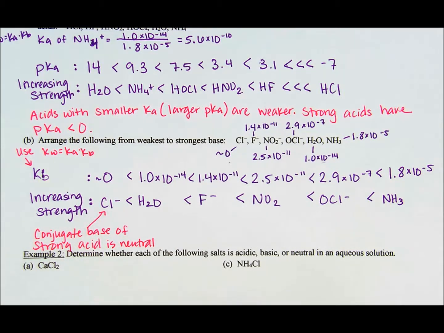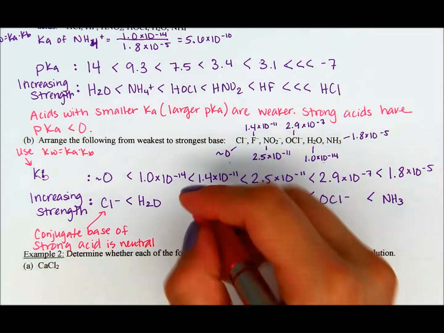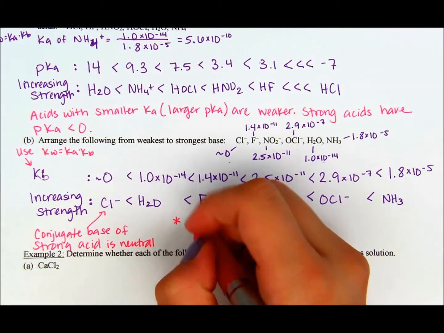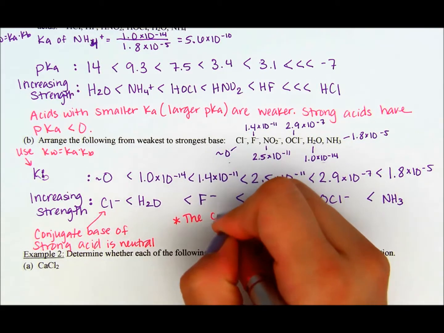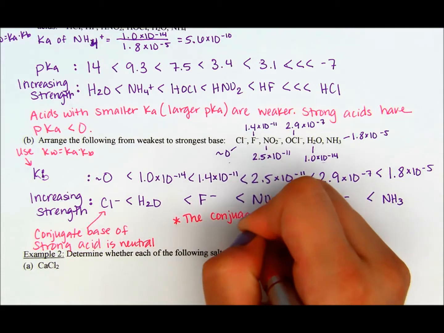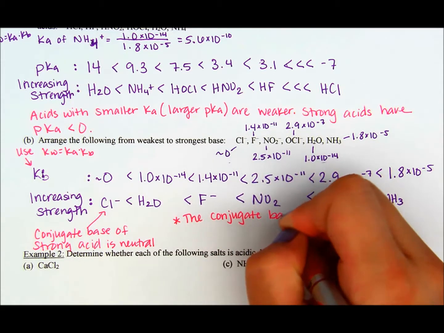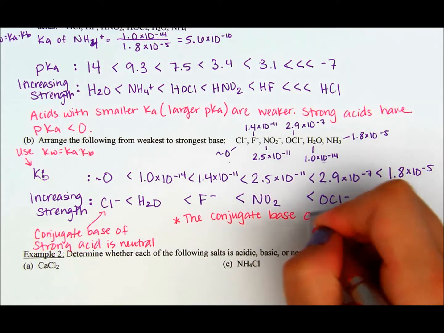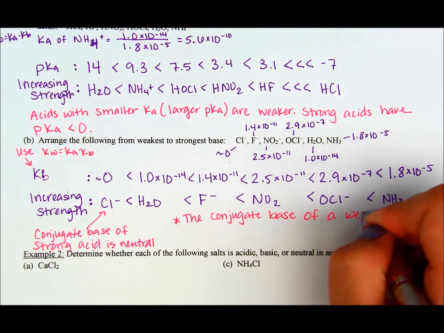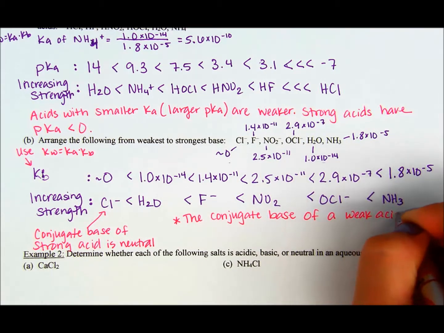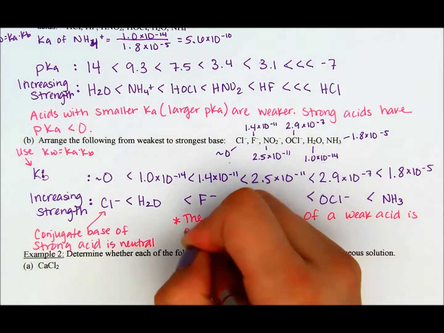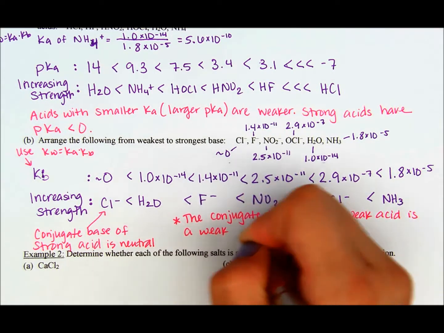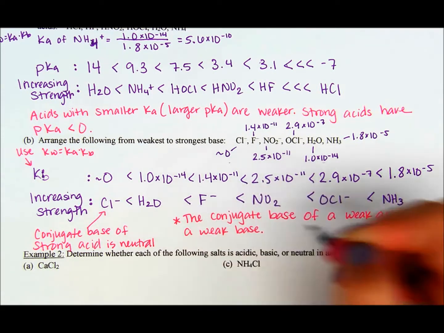And the conjugate base of a weak acid is a weak base. So the conjugate base of a weak acid is a weak base. The stronger the weak acid, the weaker its conjugate base. So let's write that association here. So the conjugate base of a weak acid is a weak base. That makes sense.